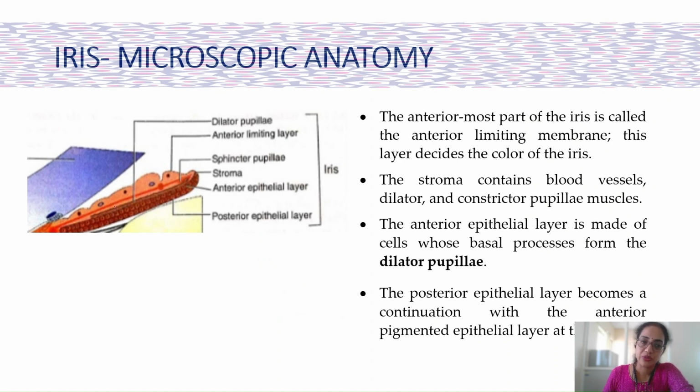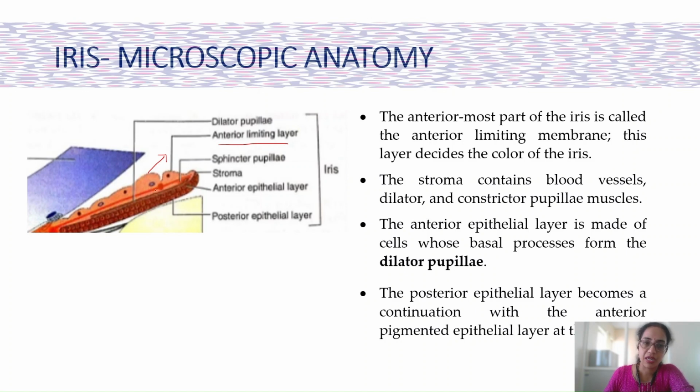So coming to the microscopy, iris is probably the only tissue in the body in which the epithelium is behind. The anterior most part is the anterior limiting membrane, and this layer decides the color of the iris. Then next is the stroma.